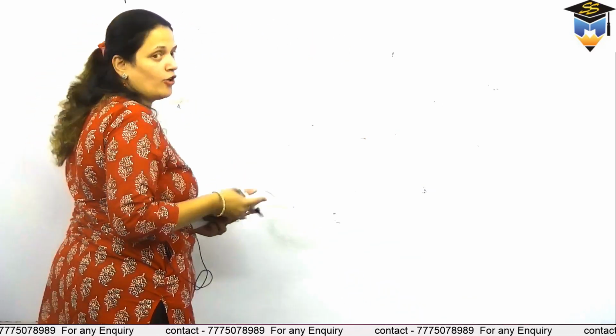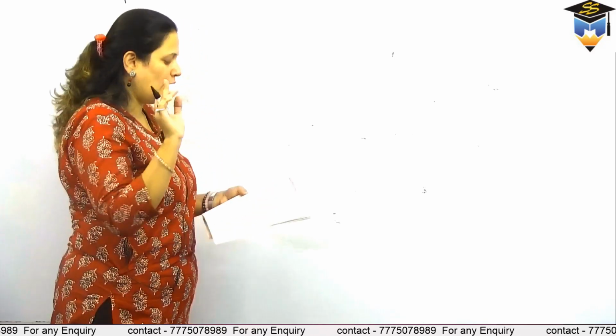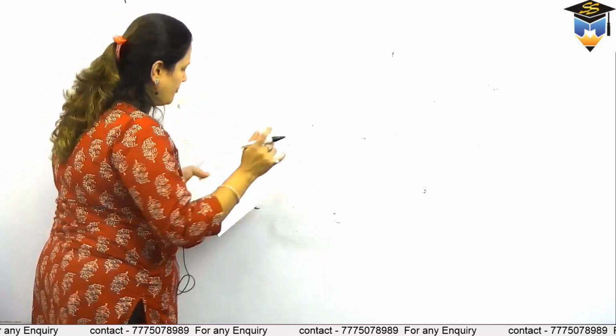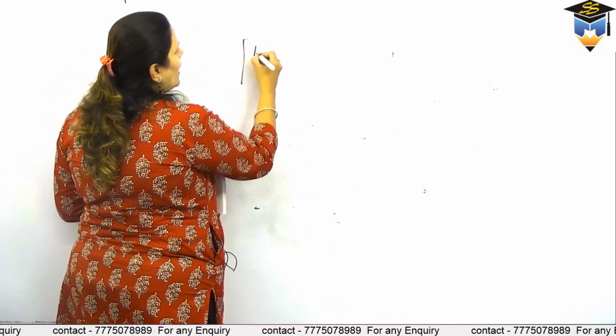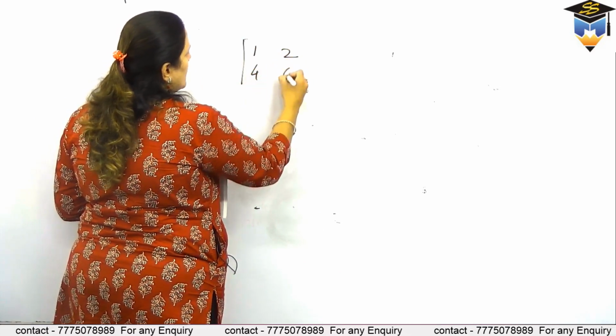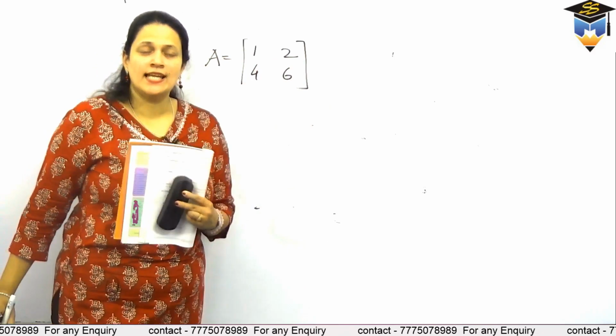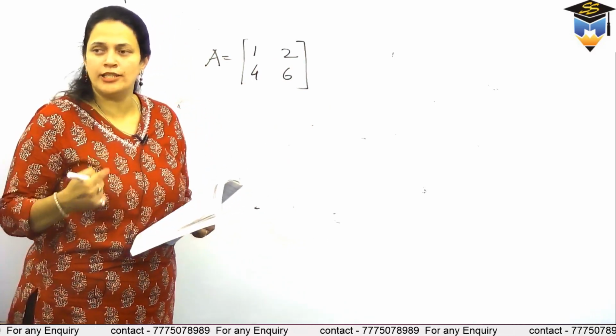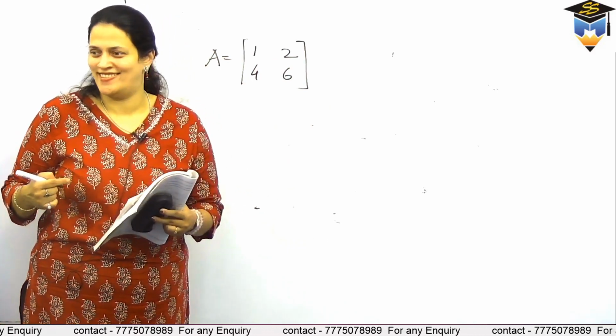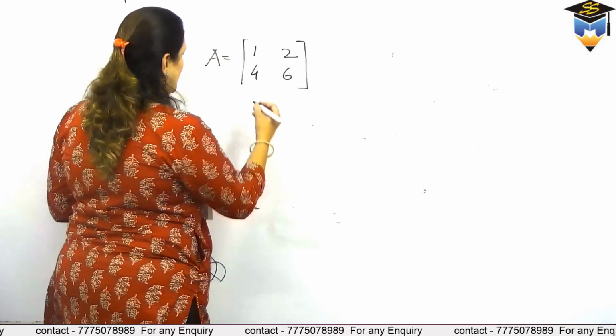See, okay everyone? Yes. Now I am going to give you a very, very easy value. Let's say 1, 2, 4, 6, this is our matrix that is given to us, and you have to find out the determinant of this particular matrix. Yes, so what will you do?